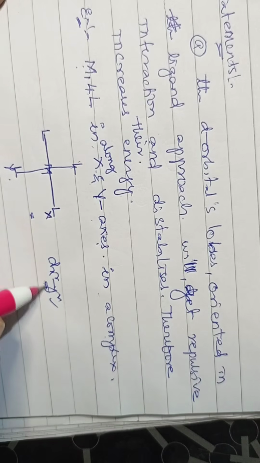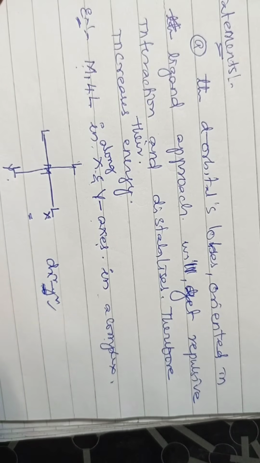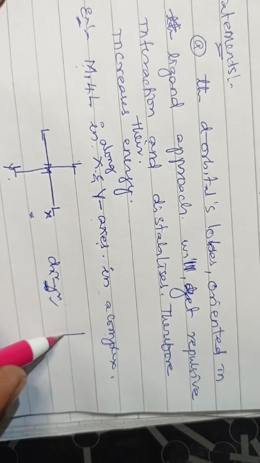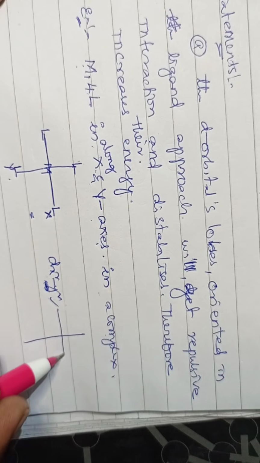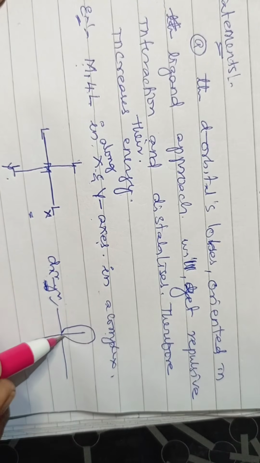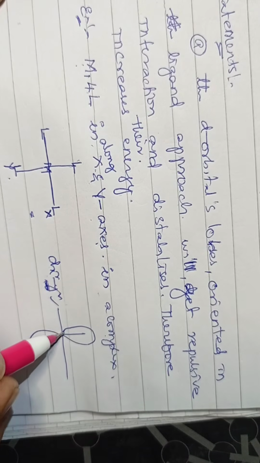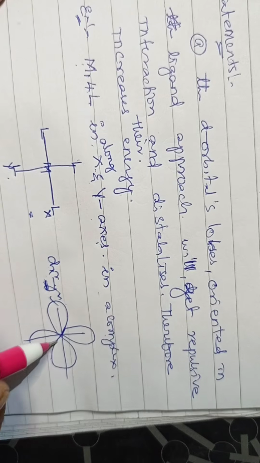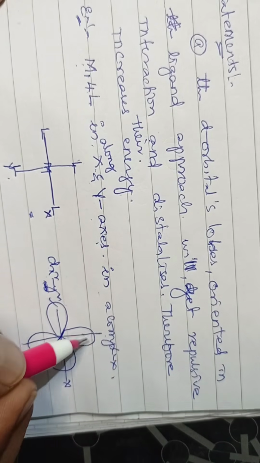There, if we consider one d orbital, dx square minus y square, we know that it is structured with 4 lobes along the coordination axes, 2 along the x-axis, 2 along the y-axis.